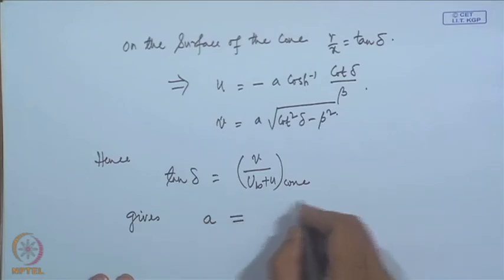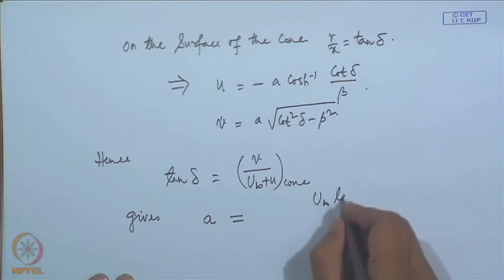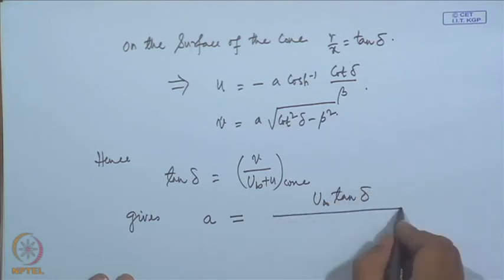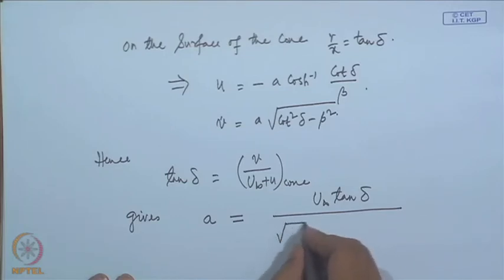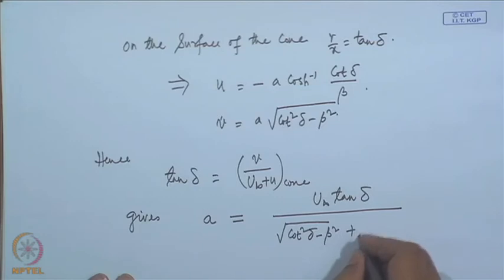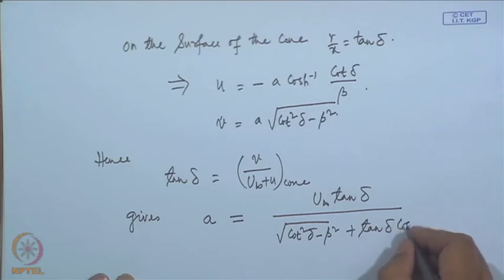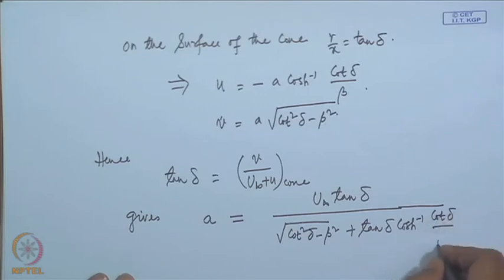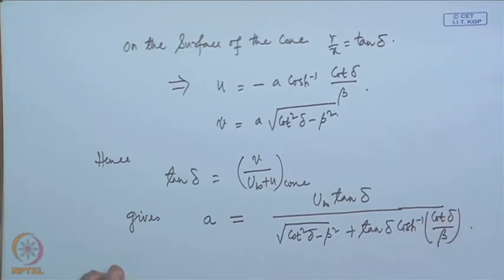a equal to u infinity tan delta divided by the square root of cot square delta minus beta square plus tan delta cosh inverse of cot delta by beta, which of course can be evaluated if we know the free stream speed, the free stream Mach number and the semi vertex angle of the cone.